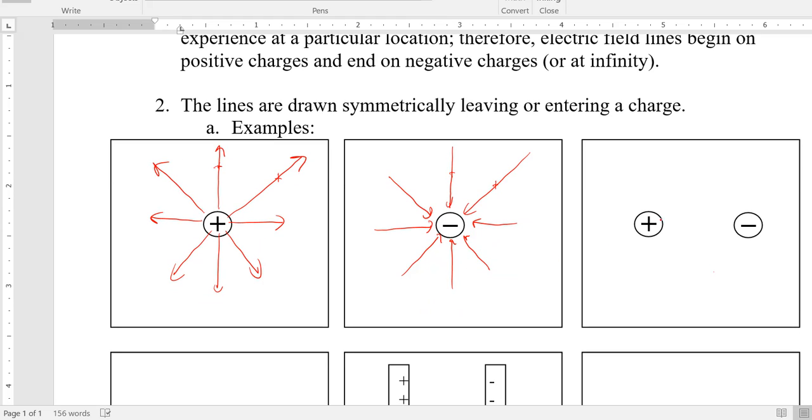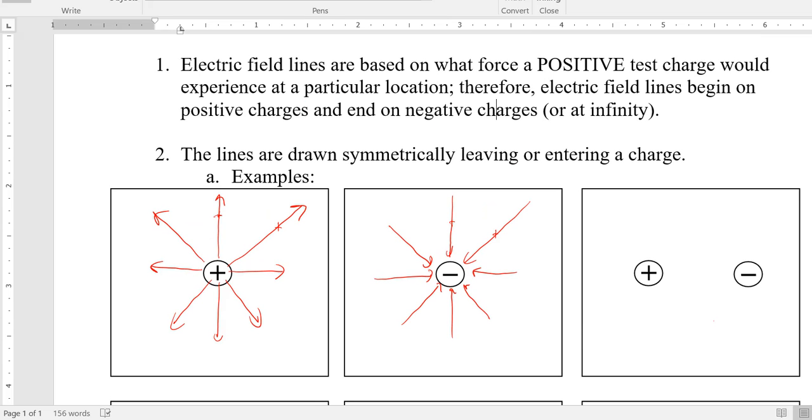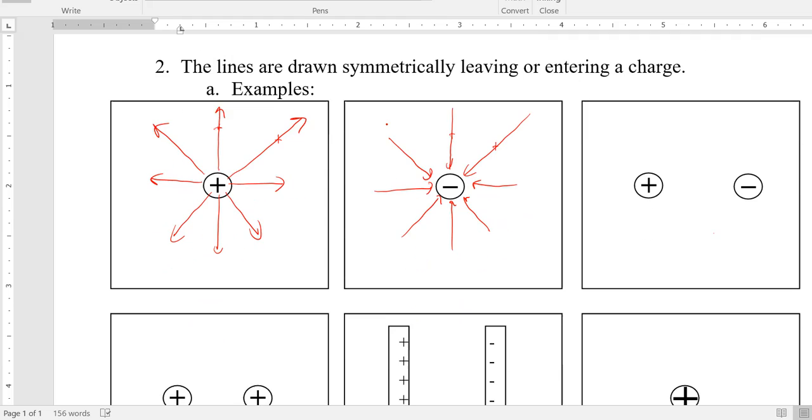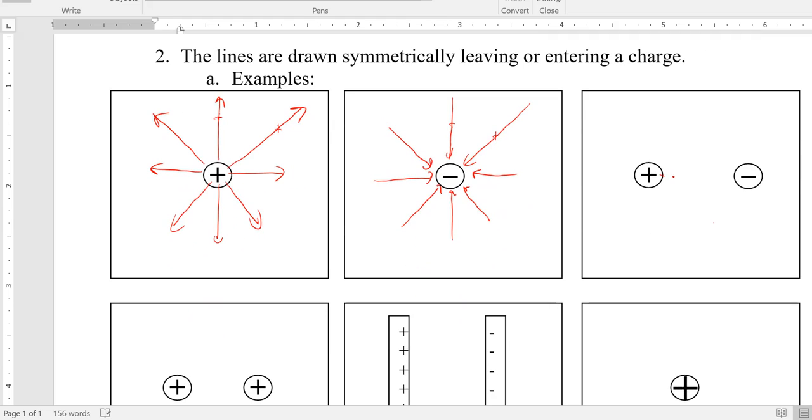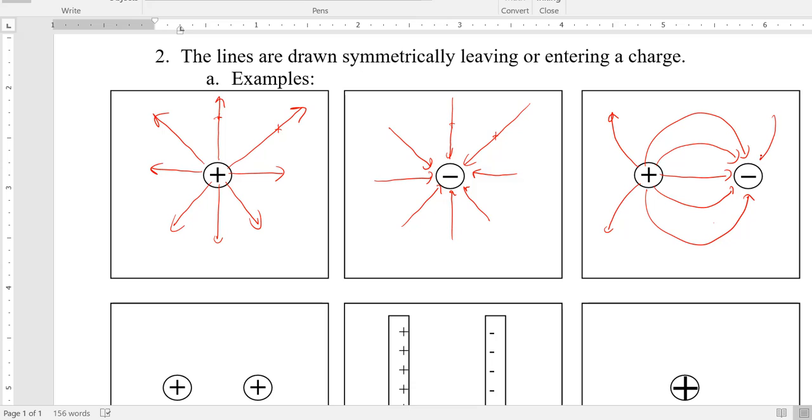If you have multiple charges in a picture, you just follow the rule that electric field lines begin on positive charges and end on negative ones. So in this picture here, our field lines would look like this. Kind of like a basketball almost. And then you'd have lines going like that, and like that, and like that. And again, what do those all mean?